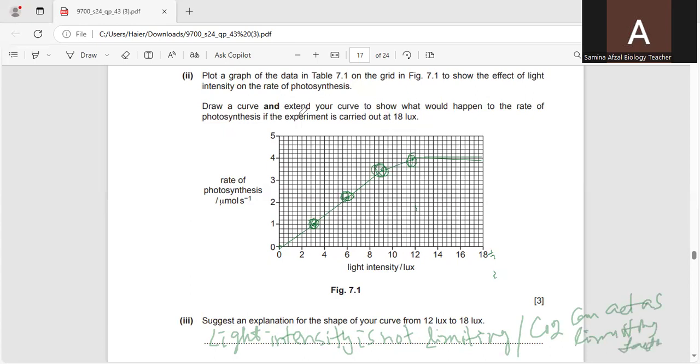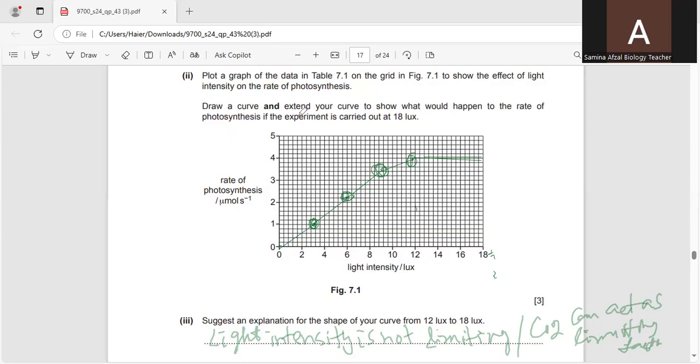Because at this stage, the experiment has been provided for the process of photosynthesis, the maximum light intensity. So after this, you can say it means the rate of photosynthesis is not increasing by increasing the temperature. So it means that it levels off, it is going straight.